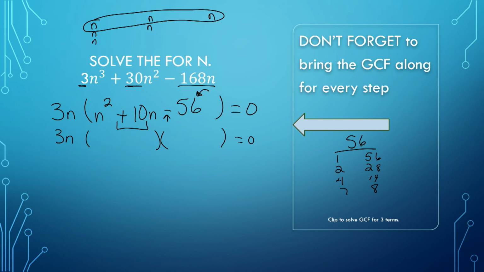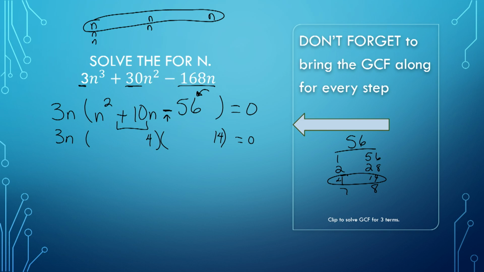I would still find all of those factors if I did y equals 56 over x and then went to my table. Now, I want to see which one of those pairs of factors I can subtract to get that positive 10. Yes, 4 and 14. So I'm going to use 4 and 14.